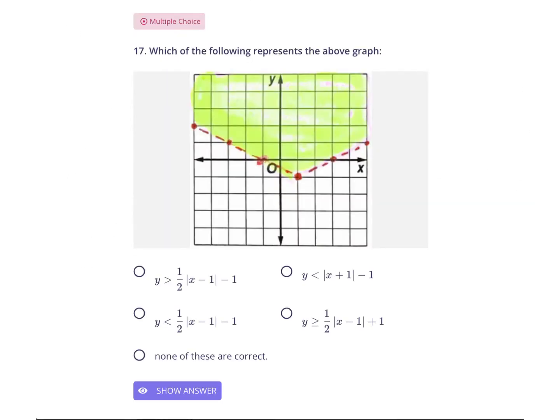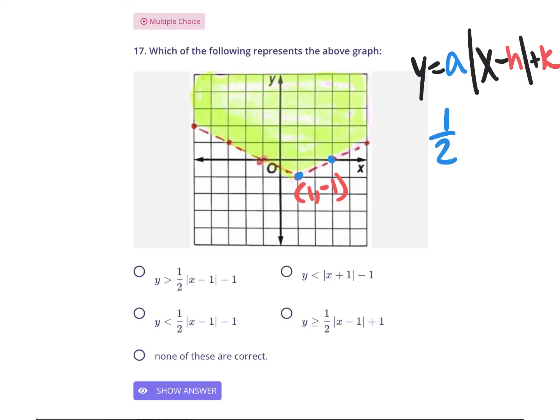Which of the following represents the above graph? Okay, well, we know this is a v, not a u, so it's not a parabola. It is an absolute value function. And we should recognize that the vertex right here is a coordinate 1, comma, negative 1, okay? And we should also recognize that the a value of this pretty wide absolute value function is kind of like the slope. You go up 1 over 2, so the a value is up 1 over 2.